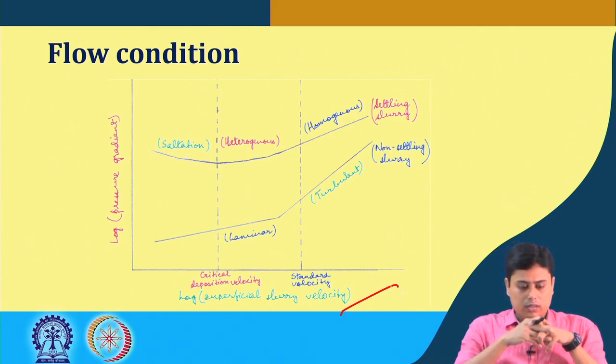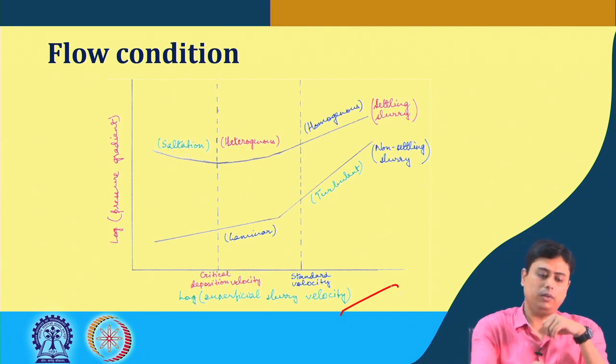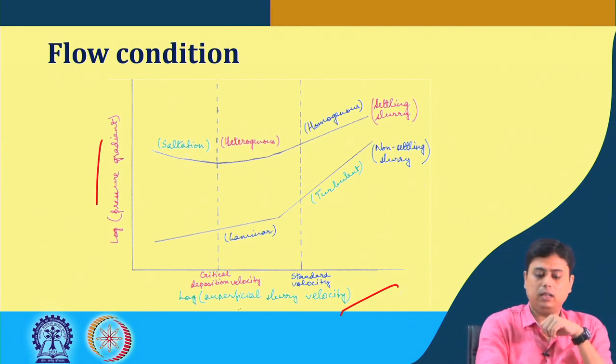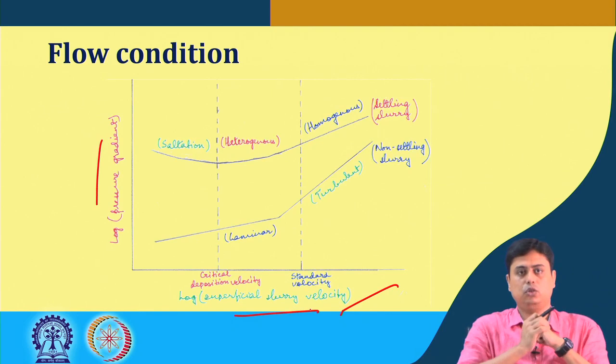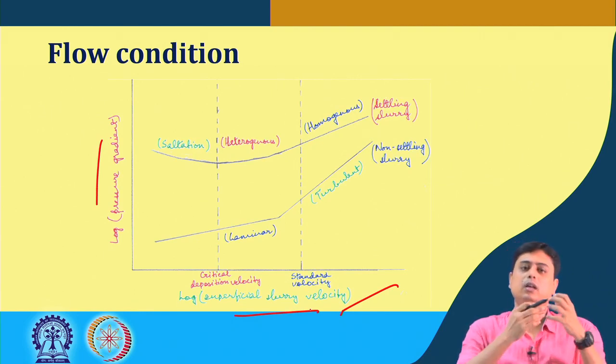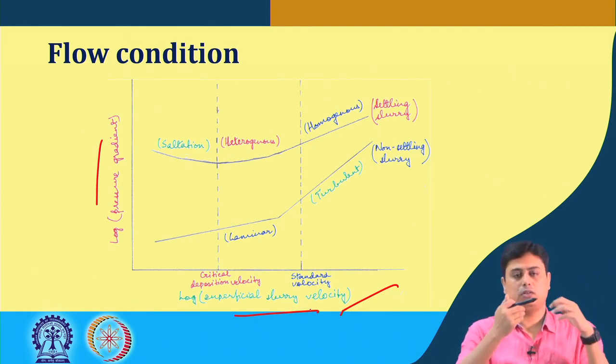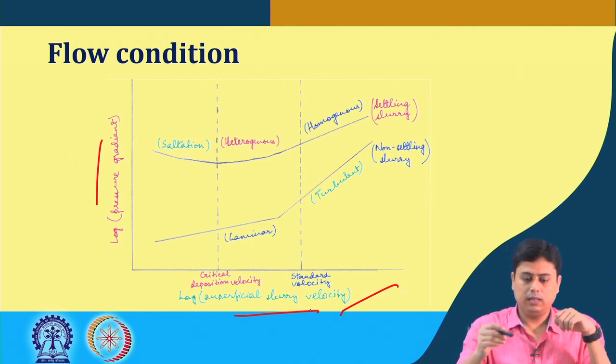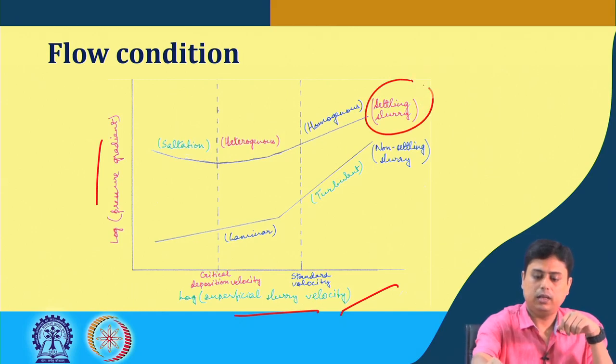Such information can be obtained from the log plot of the pressure gradient and the slurry transport velocity, or the superficial slurry velocity, which is the volumetric flow rate divided by the cross sectional area of flow. In this case, two lines are shown, one for the settling slurries and the other for the non-settling slurry.